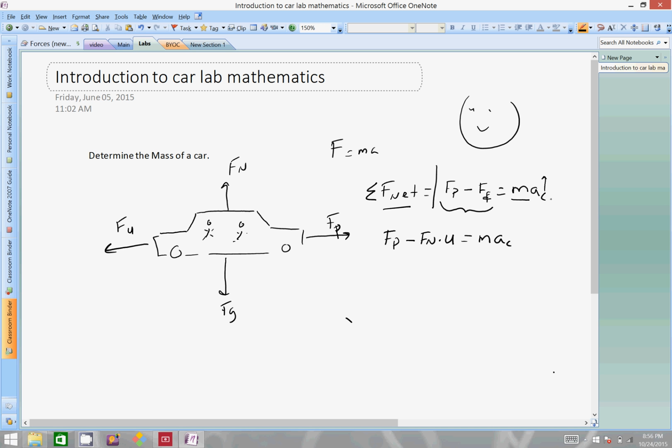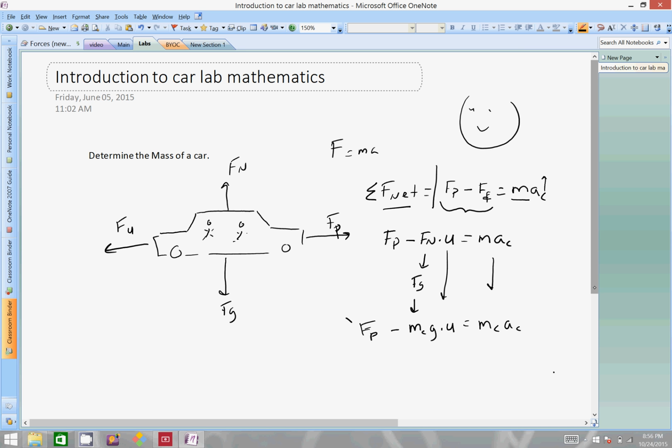Then the normal force is equal to, because it's balanced at this point on a flat road, the force of gravity, which equals the mass of the car times gravity. Times the coefficient of friction, so I'm just bringing these terms down, equals the mass of the car times the acceleration of the car minus the force applied by people.